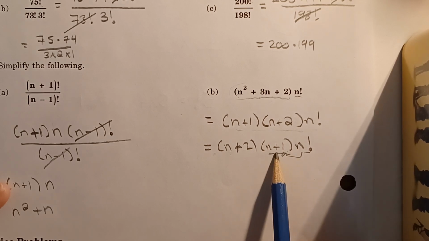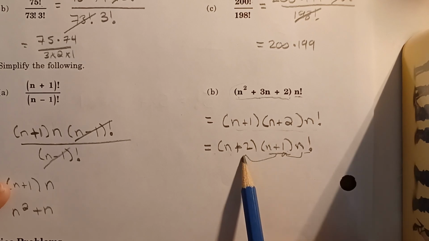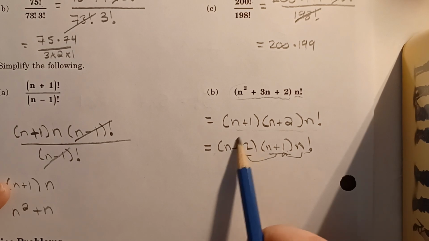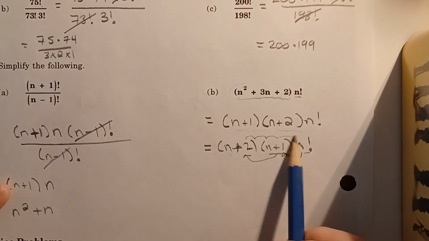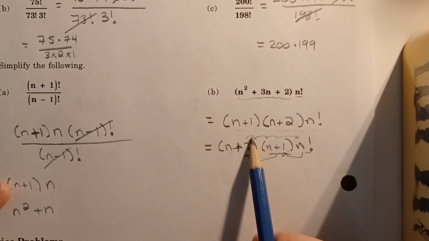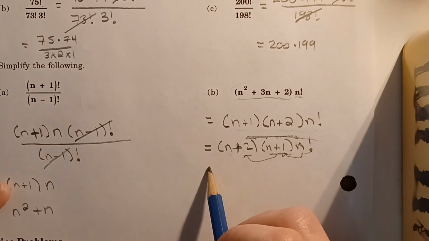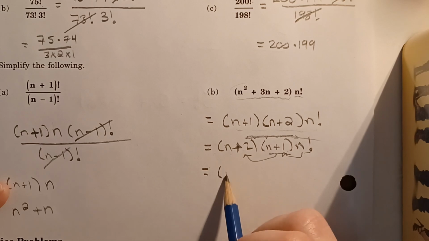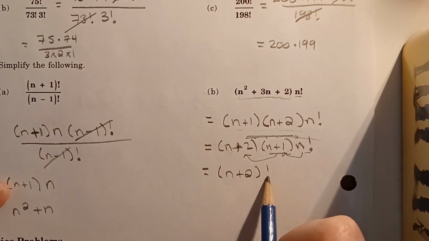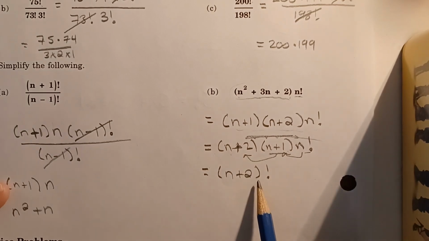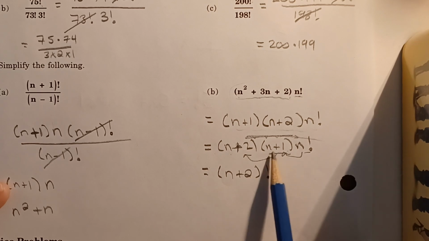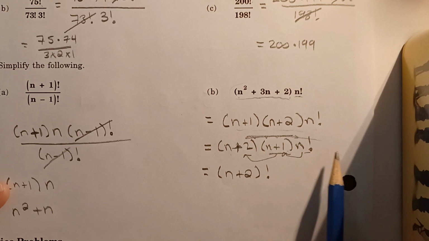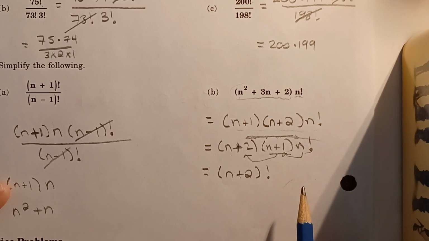What I'm trying to say is they're in consecutive decreasing order. So that would mean that this is the same as n plus 2 factorial, right? Because we're multiplying by 1 less, by 1 less, and then adding the factorial so that it goes all the way to multiplying by 1.